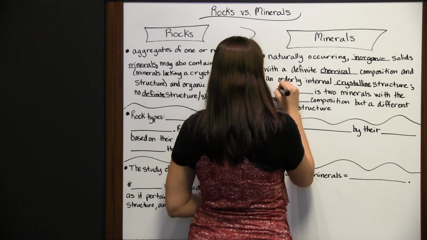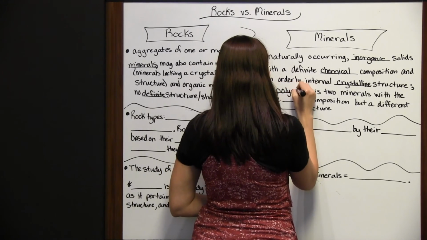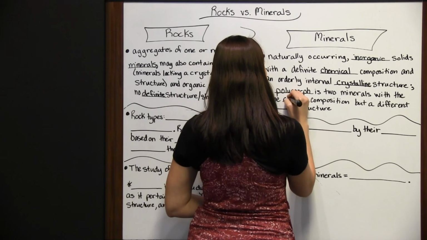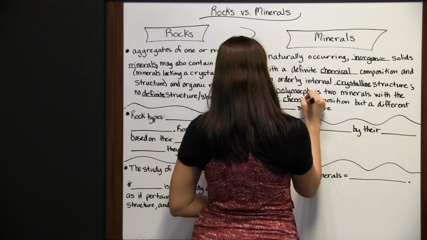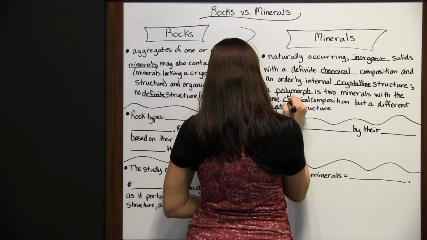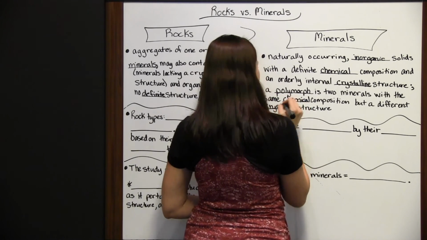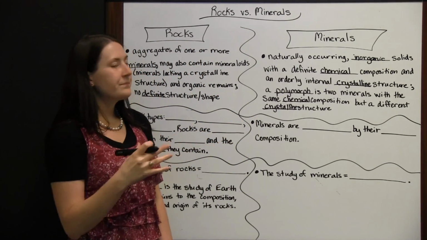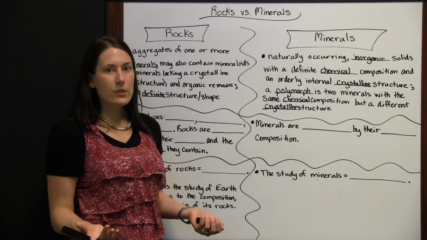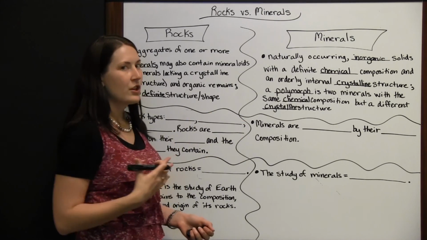And a polymorph is two minerals with the same chemical composition but a different crystalline structure. So this is what I was talking about, where sometimes, even though two minerals have the same chemical composition, they won't look the same because their crystalline structure is different.